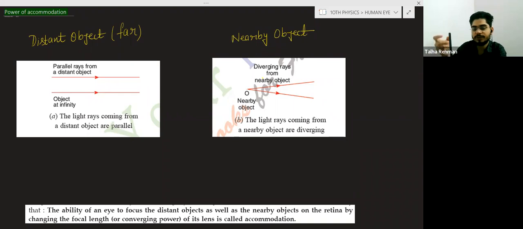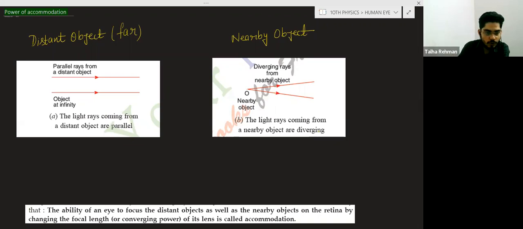From a nearby object you will get diverging light rays, because this pen gives light in all possible directions. So this is your object O, and this object is giving light rays, and these light rays are diverging. So light rays coming from a nearby object are diverging. These two points you should know.